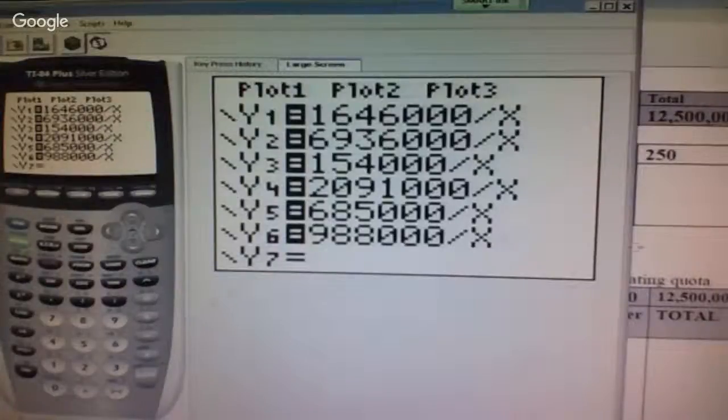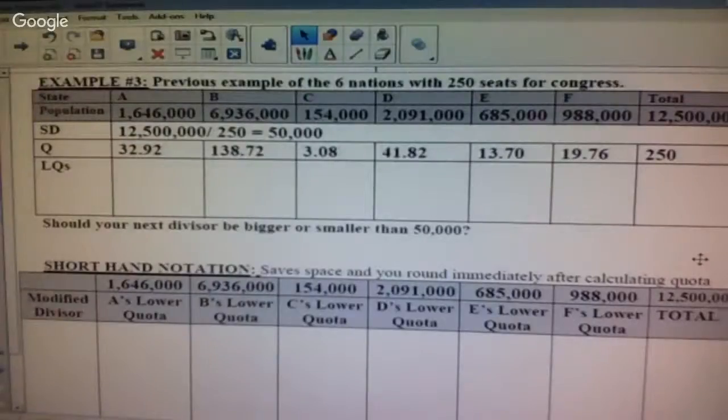I'll give everybody a minute to get that in. When you get that in, go ahead and give everybody their lower quotas and see what we need to do.